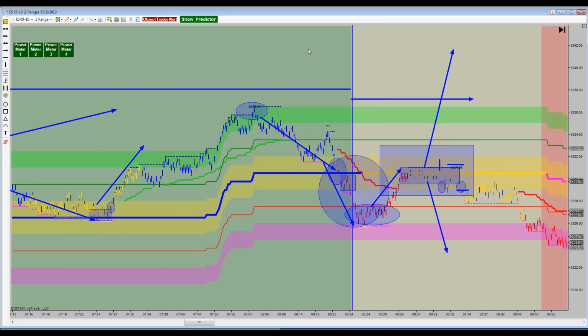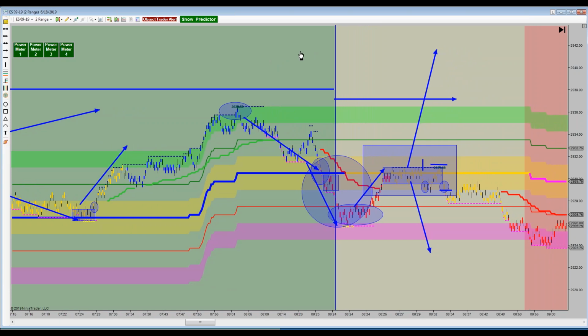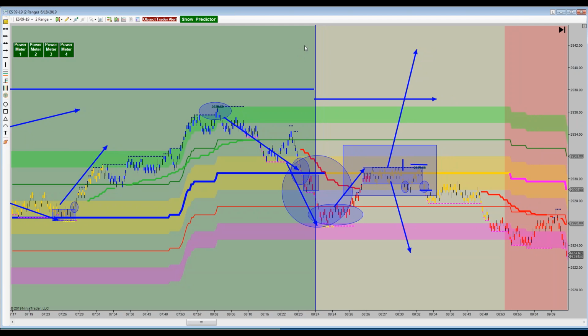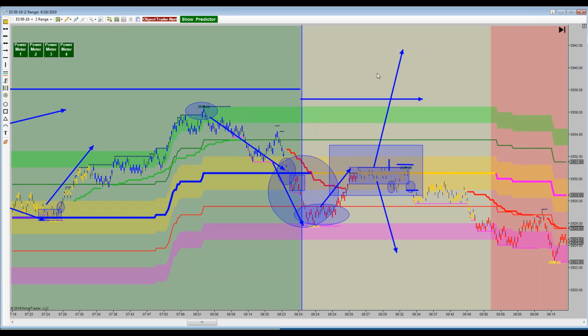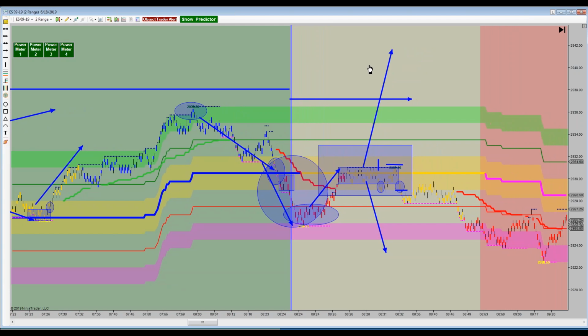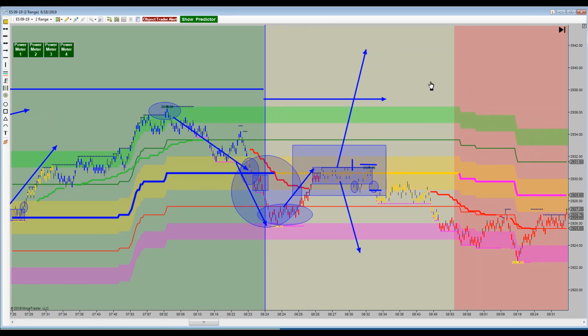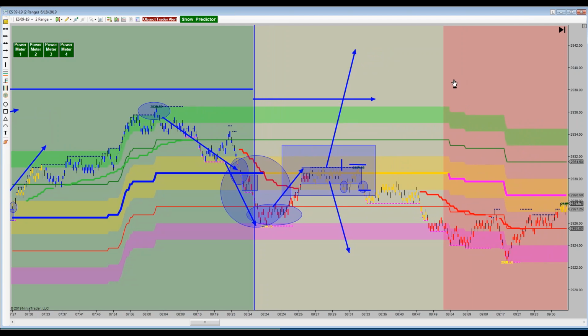There you are, 8:55. 8:57, you're looking for shorts. 9:08, 9:09. 9:18, 9:21, 9:34, coming up on 9:30, 35, 36. Remember, you're looking for shorts.